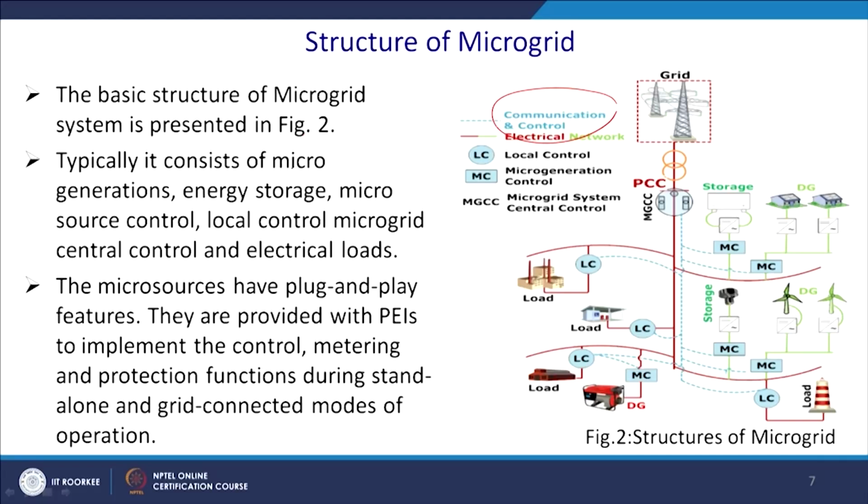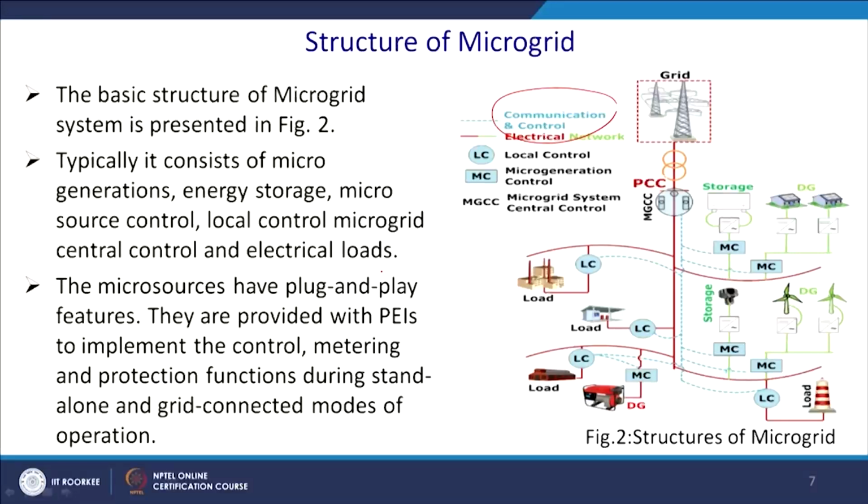Typically it consists of two or more micro generations, energy storage, micro source control, which mostly controls the quality of power it is feeding to the system, local control of the microgrid, central control, and electrical loads.